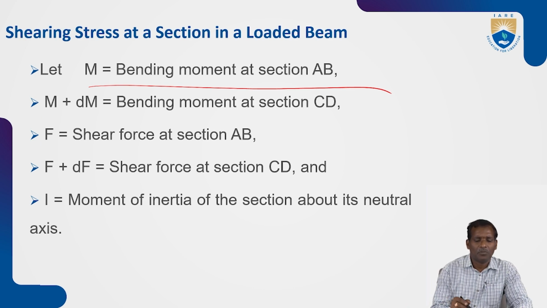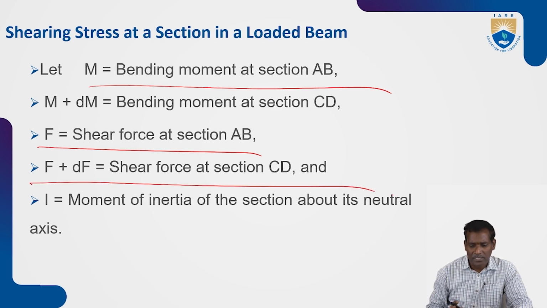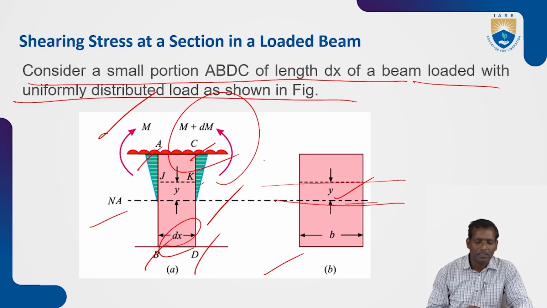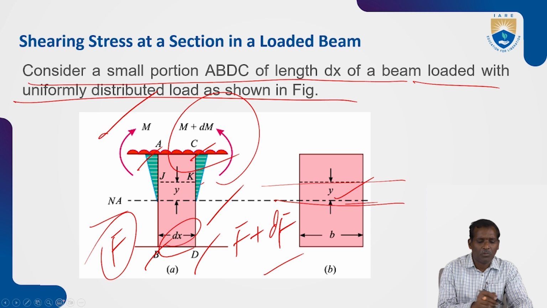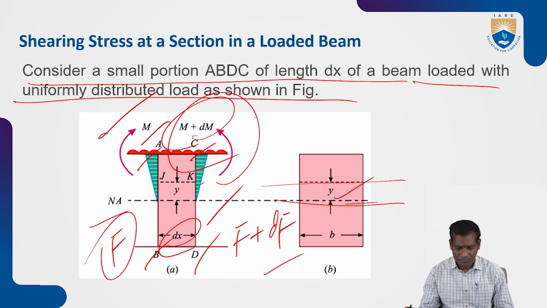F is the shear force at section AB. Similarly, F plus dF is the shear force at section CD. So at section CD the shear force is F plus dF and the bending moment is M plus dM; at section AB the shear force is F and the bending moment is M.